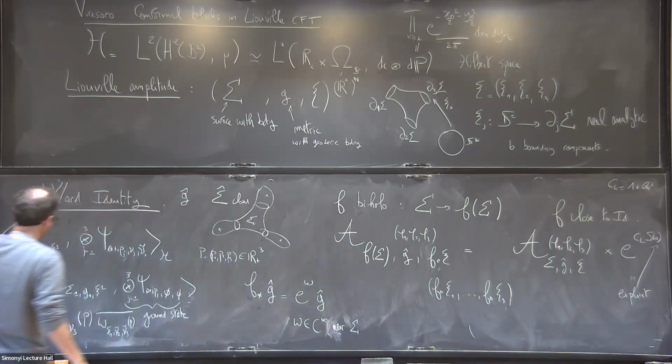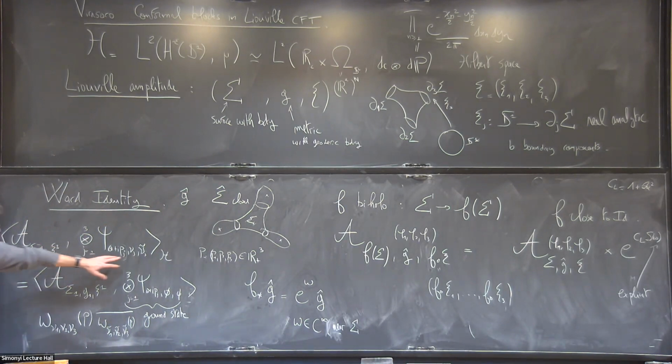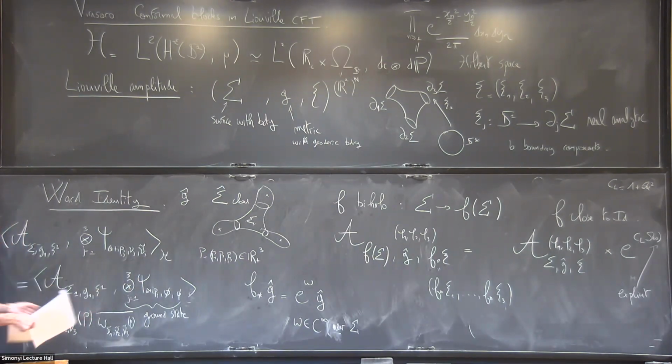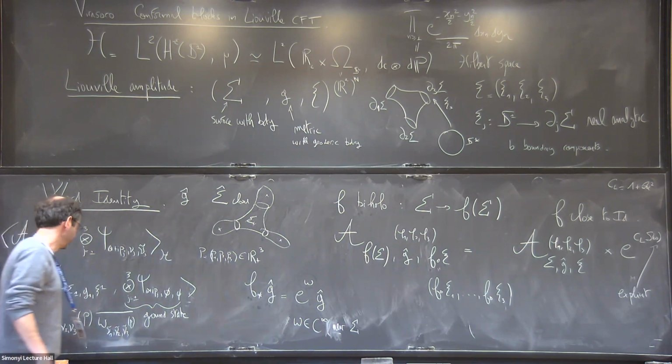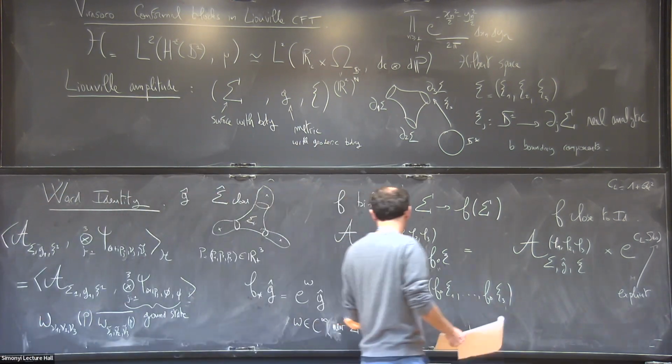So you see the matrix coefficients of the descendant state, the one where you apply this Virasoro element, are given by the matrix coefficient on the ground state times some coefficient, and it's split into two parts. I call them W and W bar, and this one is for the nu tilde, for the L tilde. So there is a kind of separation. It's like a tensor product somehow. And these W are purely algebraic.